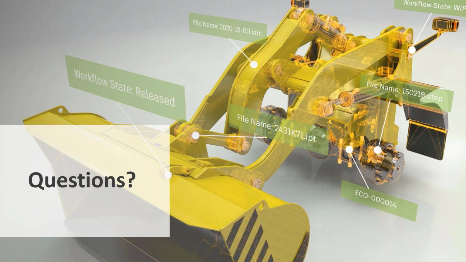Another question: if I upgrade to Vault Pro, is that essentially PLM, or is PLM a license on top of Vault Pro? Good question. You may see some talk about Vault Pro being PLM. Vault Pro has some PLM-like functionality, but it is not PLM.